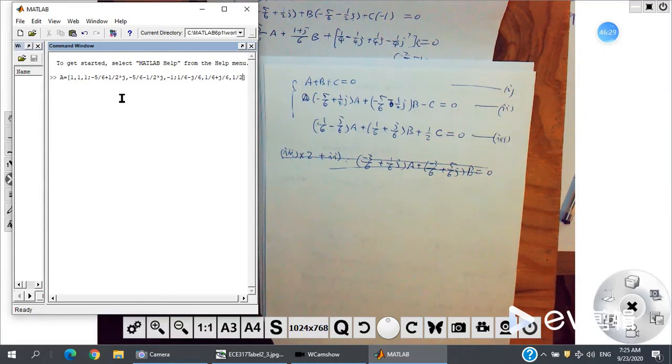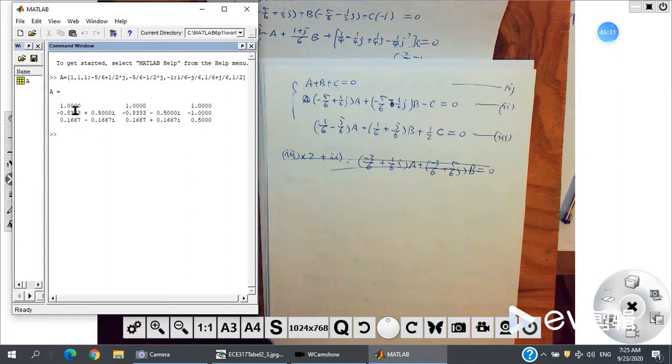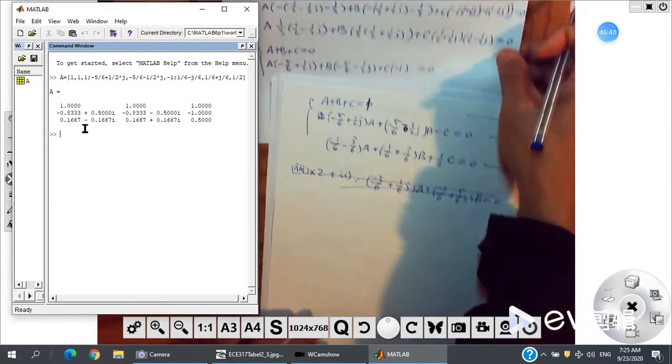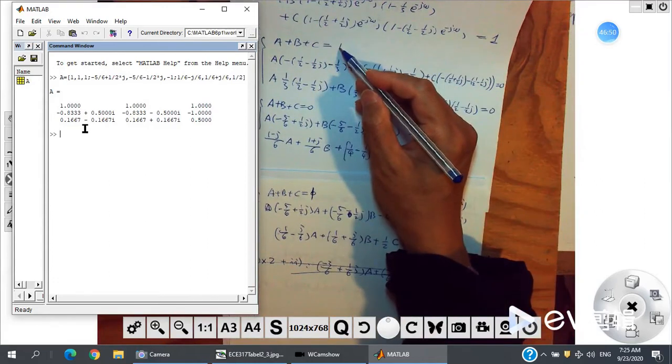Okay, we have A, and the computer calculates the values, which are approximate, not exact. And this is not 0, it should be 1. Sorry, A plus B plus C is 1.